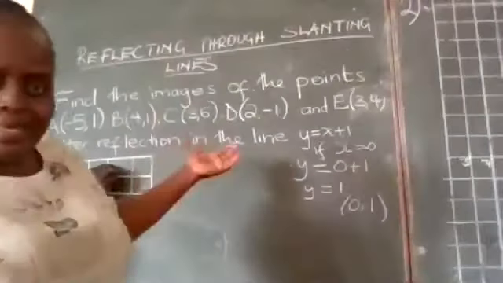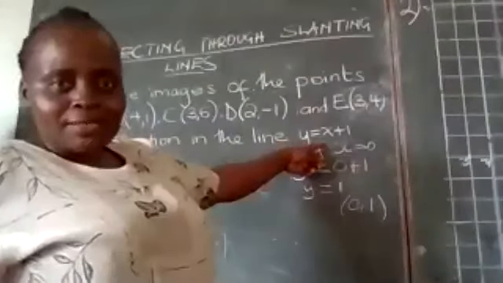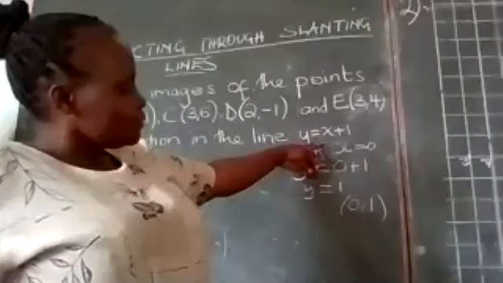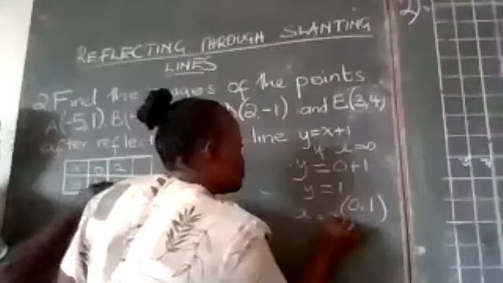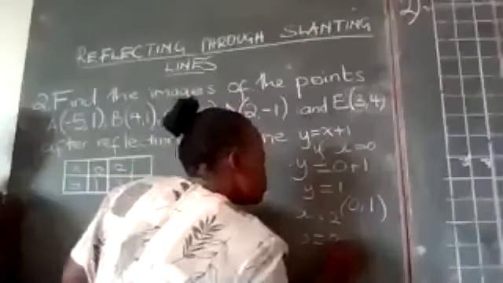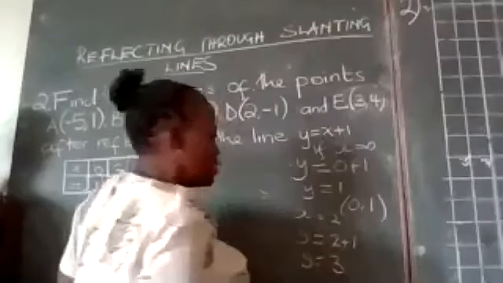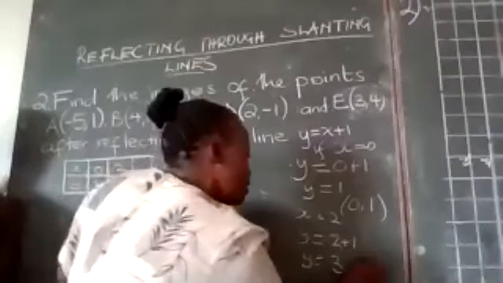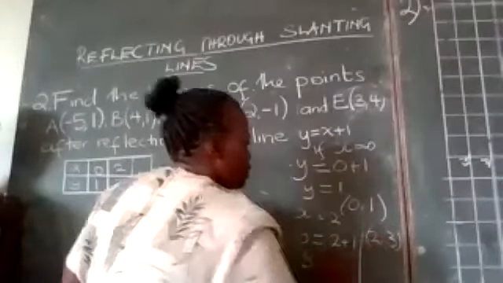If x is, can someone give us the value of x? 2. Okay, thank you. If x is 2, then y would be equal to 2 plus 1, which means that y is equal to 3. And our coordinates here would be 2 and 3.